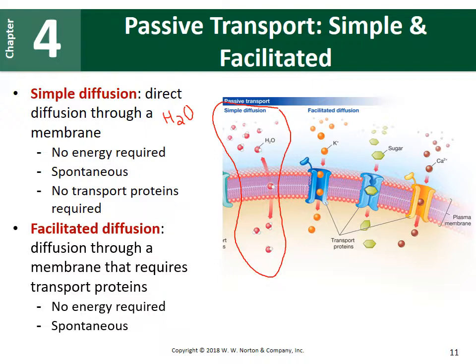And there's a couple of examples of facilitated diffusion. So potassium ions, there are sugars that are larger molecules. Here we have calcium, which is also an ion. And it's still going from high concentration to low concentration.